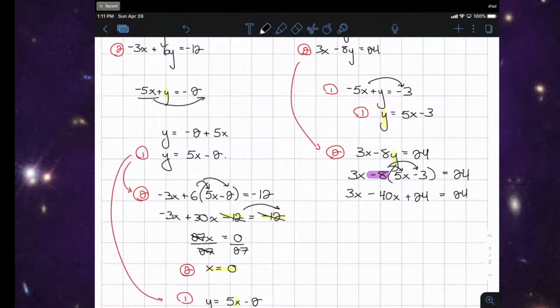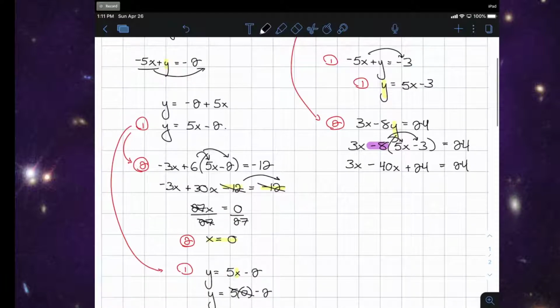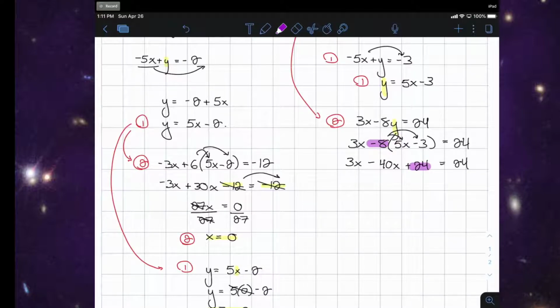And again, I notice a strange circumstance, because I have 24 on one side of my equation and 24 on the other side of the equation. And so again, when I try to move this 24 over to the other side, they're just going to cancel each other out, right? Because I get 24 minus 24. And so what I'm left with is 3x minus 40x.